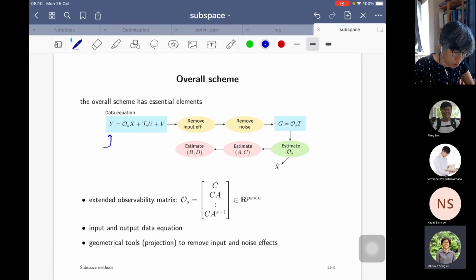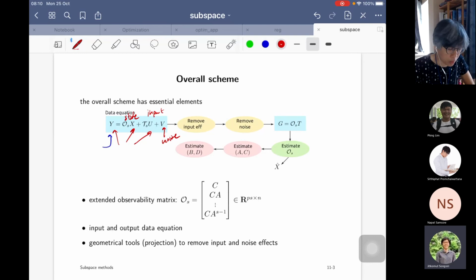Conceptually, we see that the output y depends on x, the state variables at various times. It depends on the input, on the state, and on the noise.